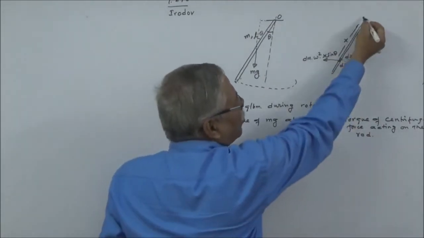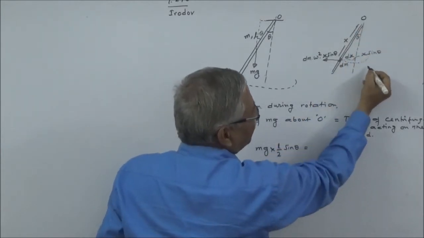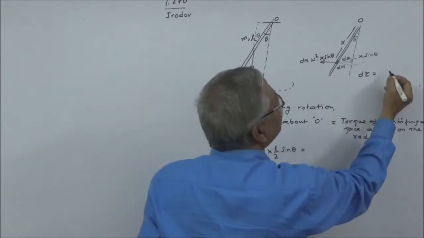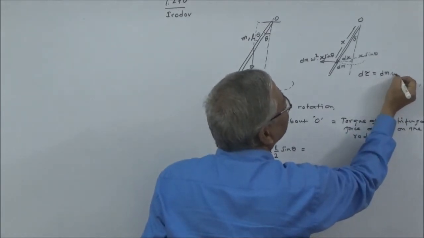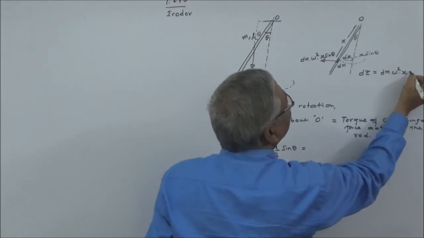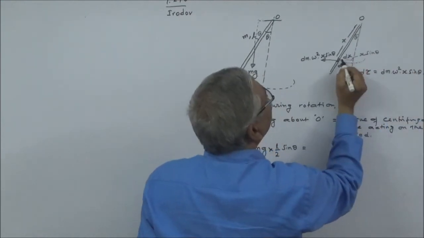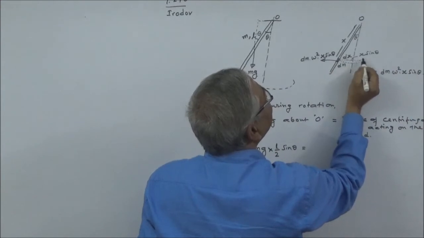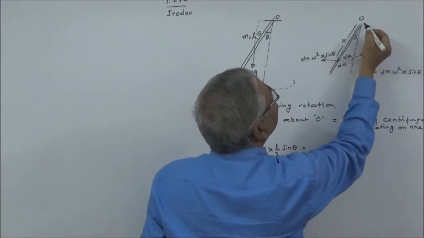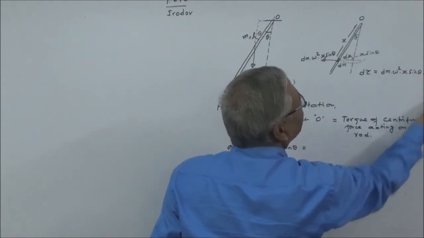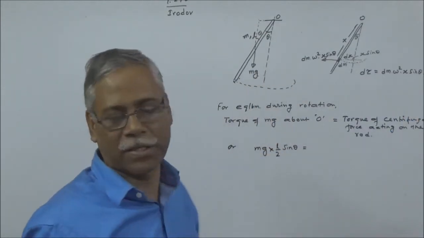Its torque about the point of suspension will be d tau. d tau equals dm into omega square into x sin theta into the perpendicular distance, which is x cos theta.